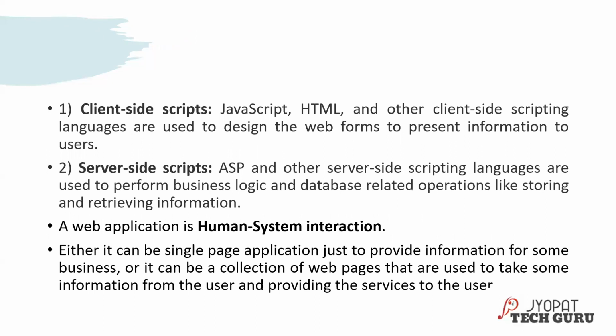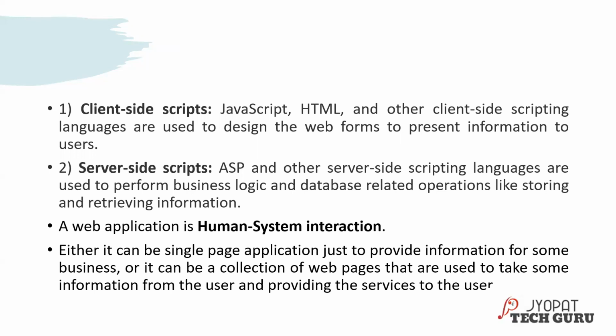On the client side, you are already aware, we have JavaScript, HTML, and other client side scripting languages which are used to design the web forms to present information to the users. What about the server side scripts? ASP, PHP, and other server-side scripting languages are used to perform business logic and database-related operations like storing and retrieving the information.